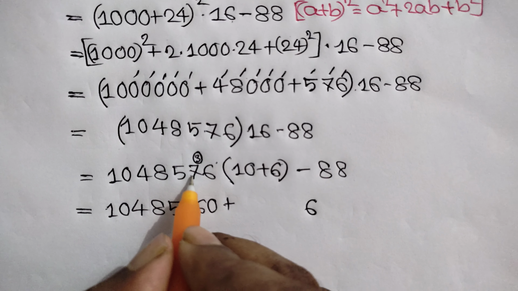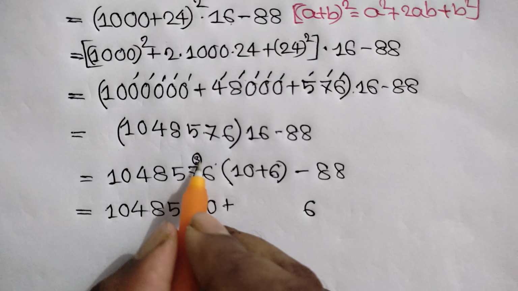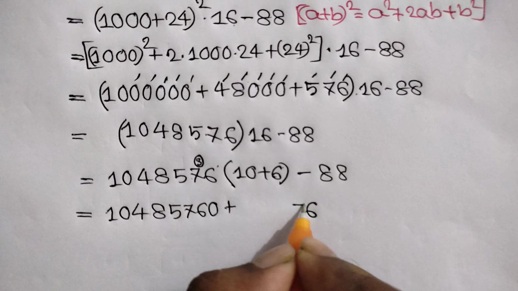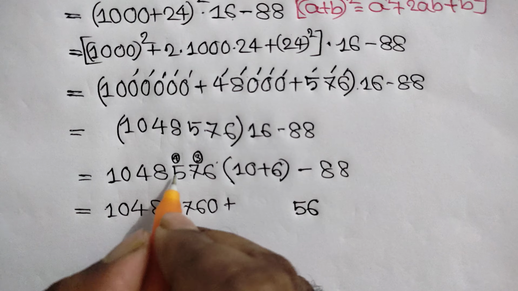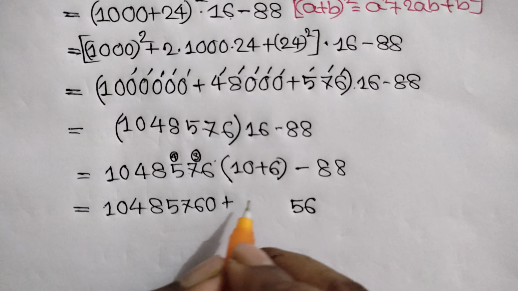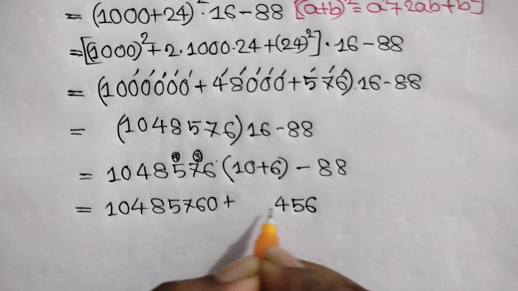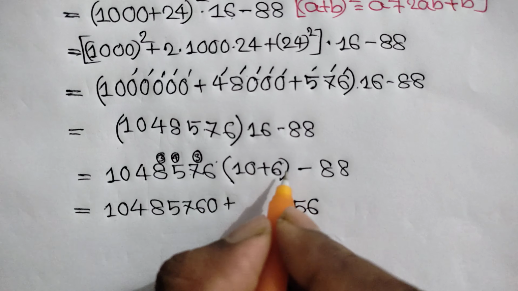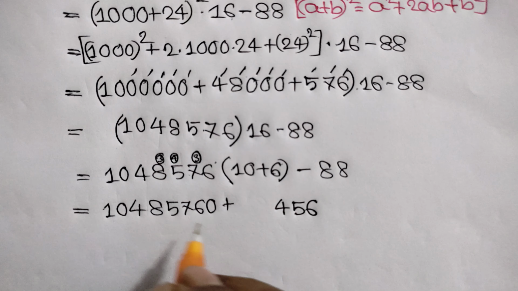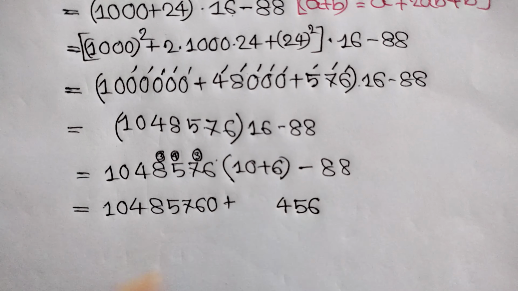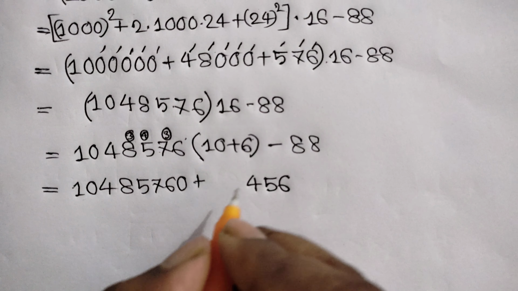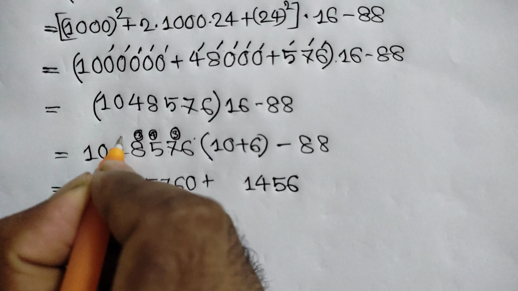Now 6 times 7 is 42, 42 plus 3 is 45, so we write 5, and here we carry 4. Now 6 times 5 is 30, 30 plus 4 is 34, we write 4, and carry 3. Now 6 times 8 is 48, 48 plus 3 is 51, here we write 1.